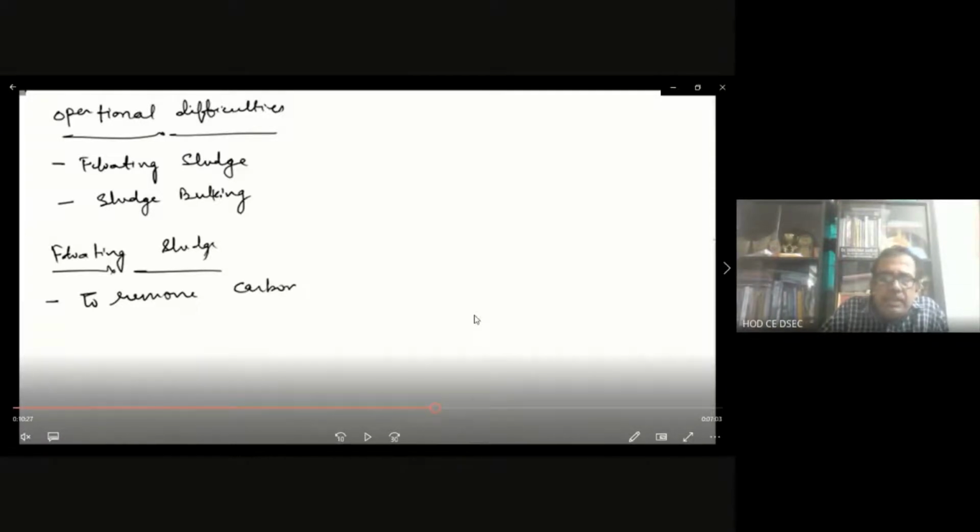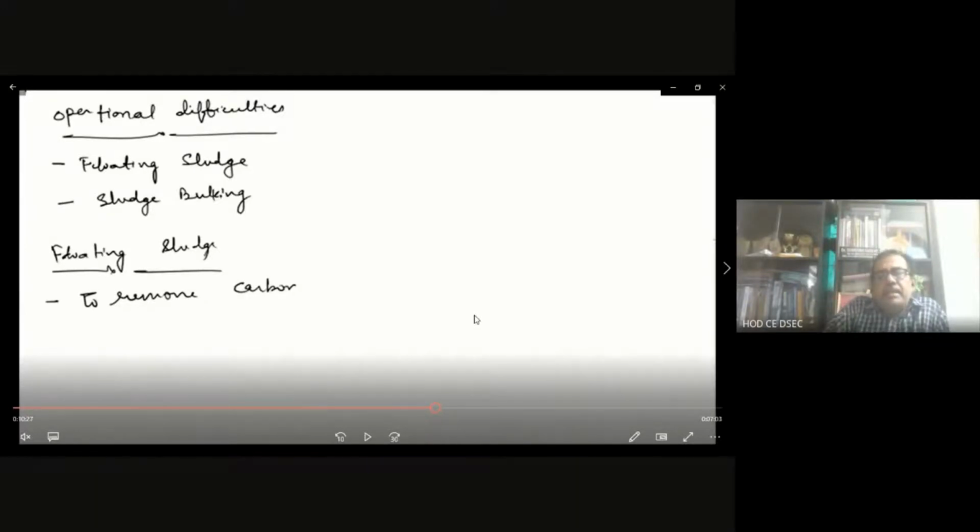Because of these nitrogen gas bubbles, the sludge may go along with the effluent, so the treated effluent might contain some biomass along with some carbonaceous organic matter. It will require further treatment to get clarified water. This problem is there if over-aeration is there.